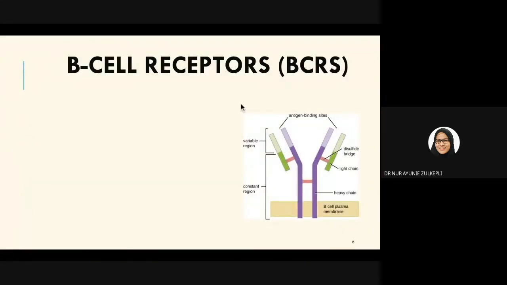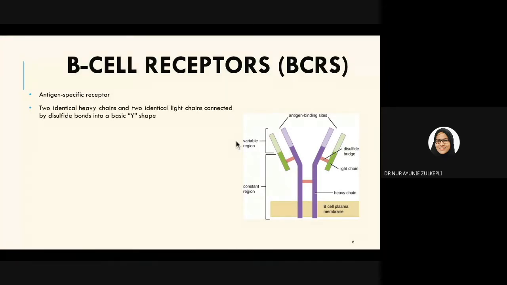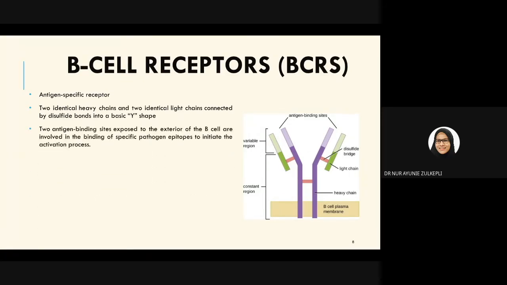As for the structure of B cells, the main structure that is very important for you to know is the B cell receptor, or BCR. So this is the structure of BCR. It is an antigen-specific receptor and it has two identical heavy chains, in purple here, connected with disulfide bonds to the light chains, in green.